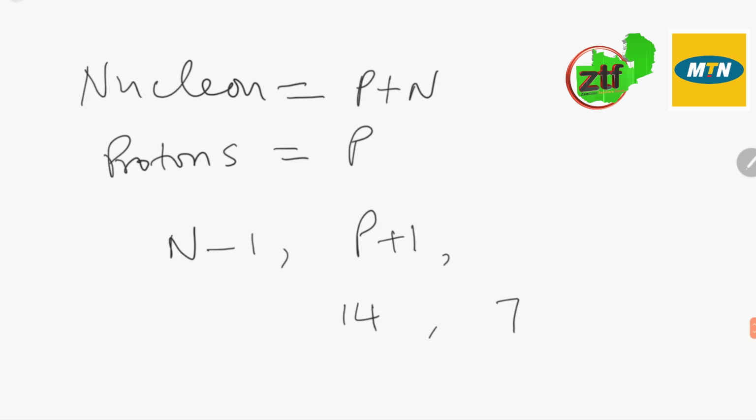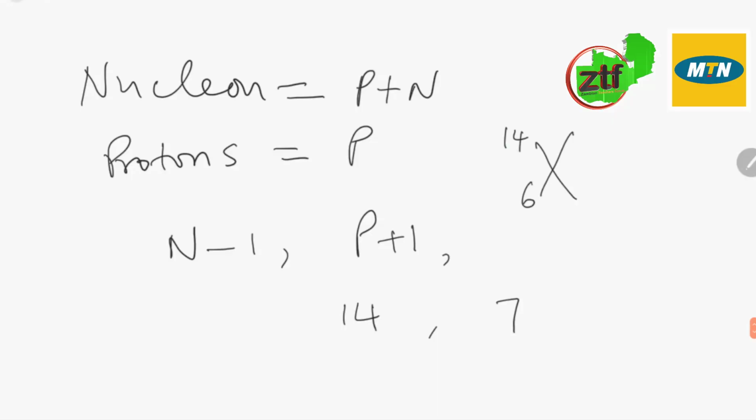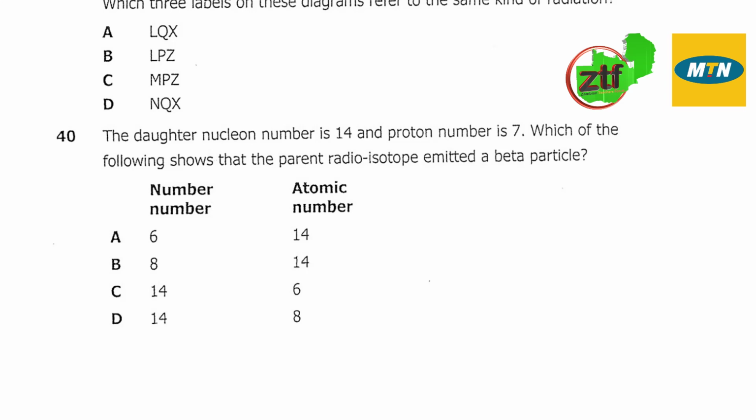So it means that the parent radioisotope X was at proton number 6 and nucleon number 14, so that with the emission of a beta particle, it went into Y, which had 14 and 7 as nucleon and proton numbers. So the answer is nucleon number should be 14, atomic number should be 6. Atomic number, mind you, is the same as proton number.